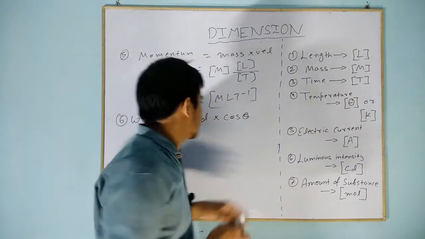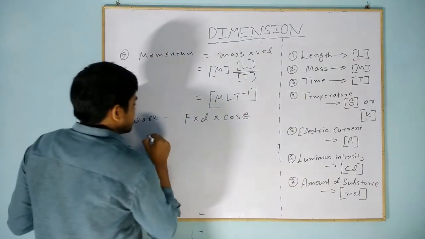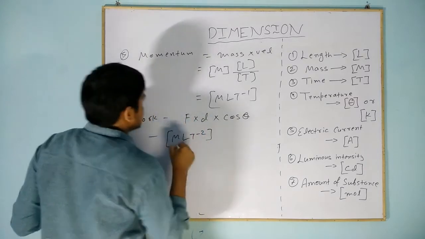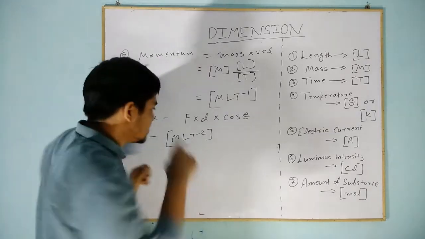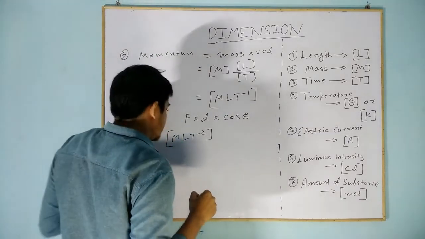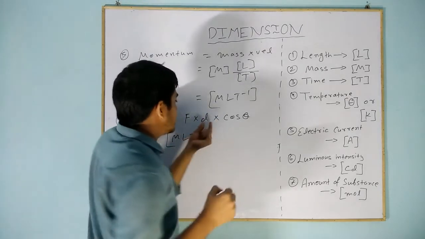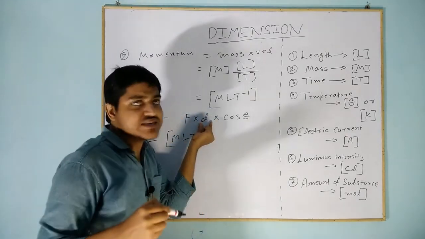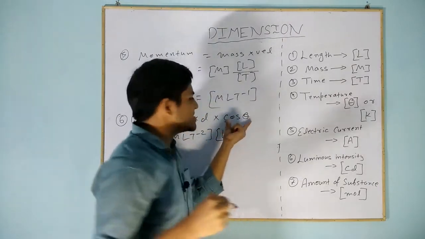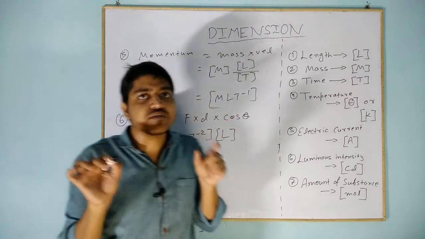Now, the dimension of force is M L T raised to the power minus 2. We just derived it. The dimension of force into displacement, displacement is a length, so the dimension will be L. Cos theta is a number, and pure numbers have no dimension.